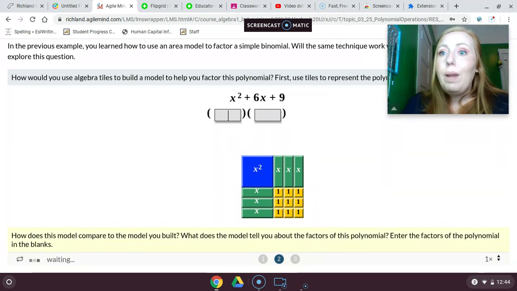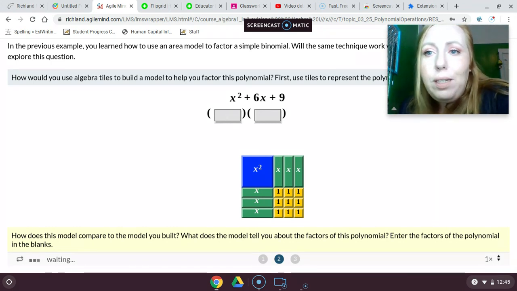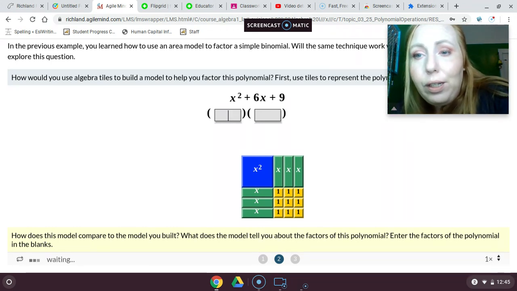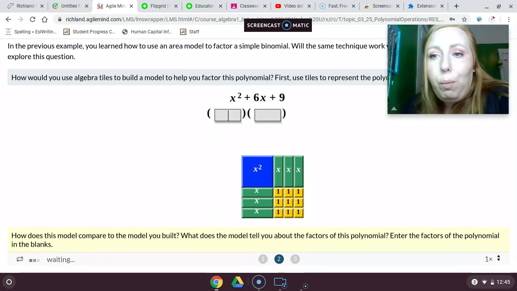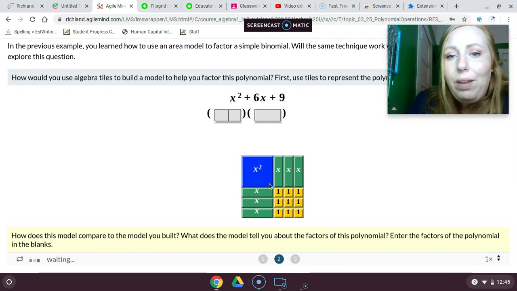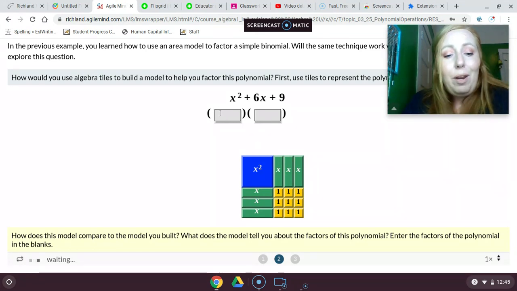Knowing what we've already learned about how we do our factors, how might you put this in there? I want you to take a minute and write down your factors, and diagram your area model before we go through this. All right, so we have our x here, and I'm going to put my x here.